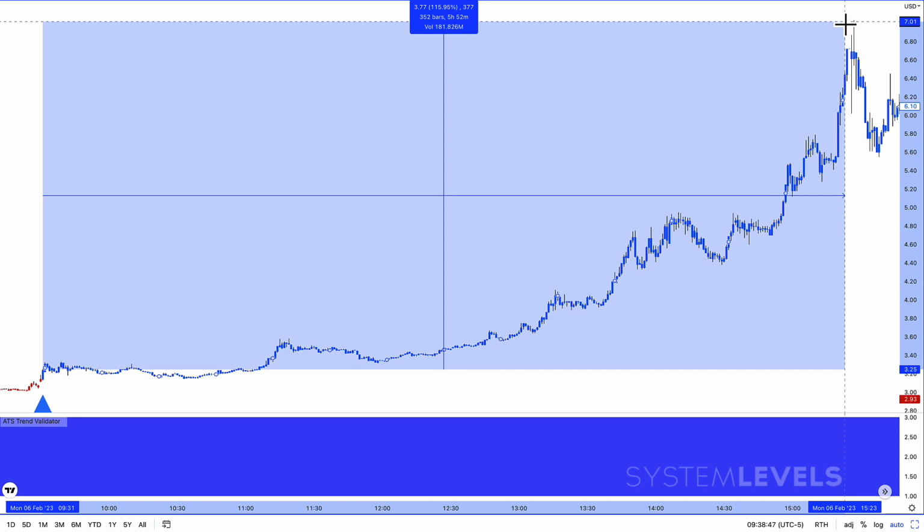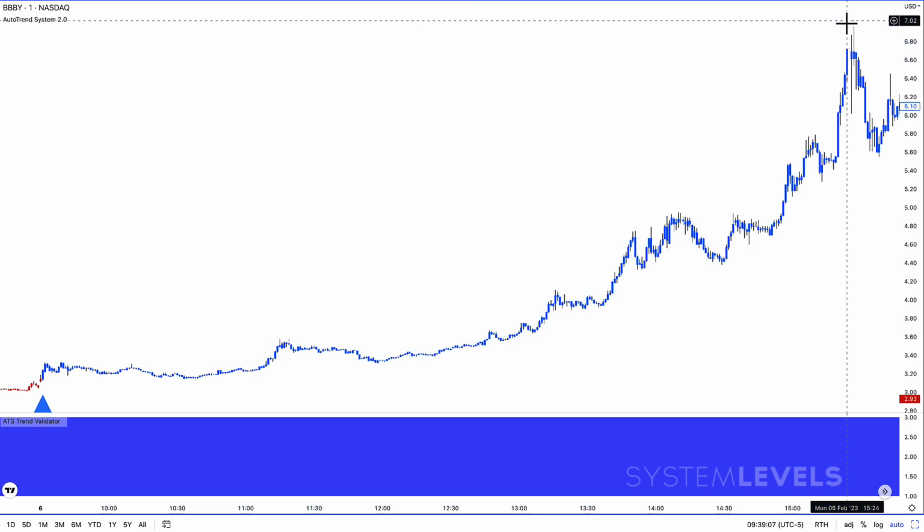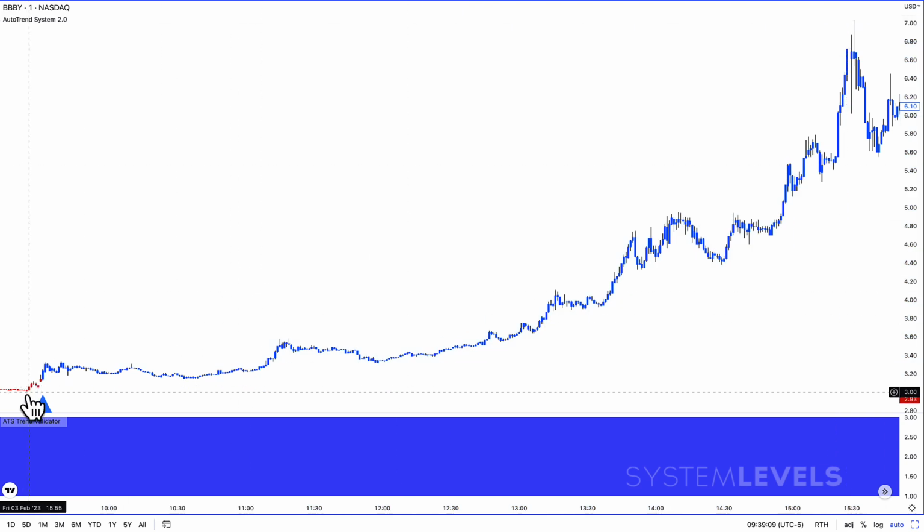It more than doubled throughout the day. It more than doubled BBBY. So it gave up to $3.77 a share. And yeah, of course, the more shares you have, the bigger the day there, obviously, right? So that was a really nice trade.